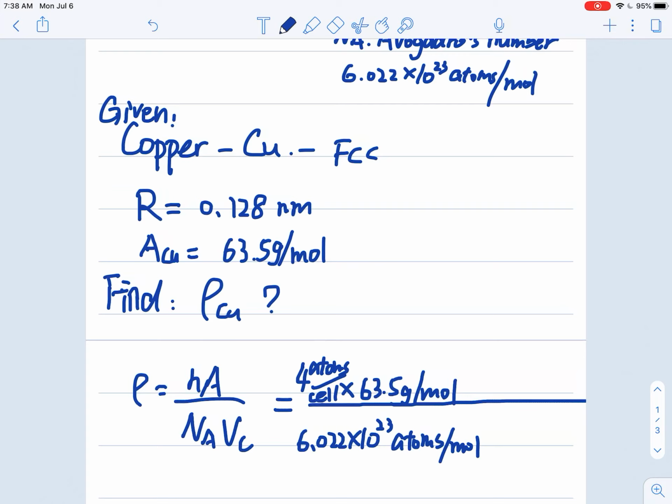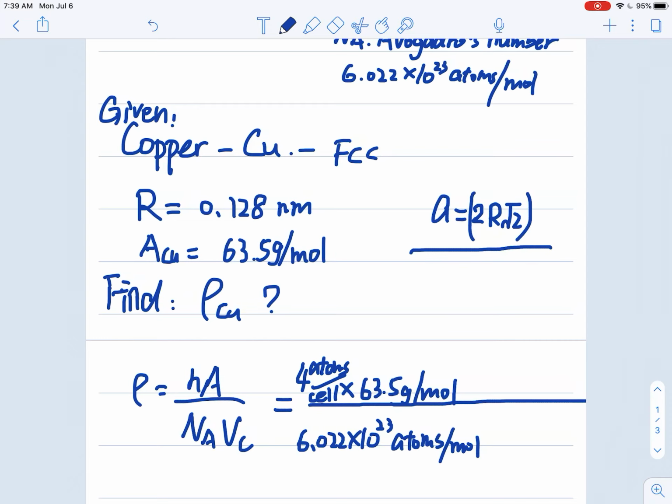And we have one more thing, that is the volume of the unit cell. And there's a relationship between a and R for the FCC crystal structure, right? So for FCC, a equals 2R square root 2.